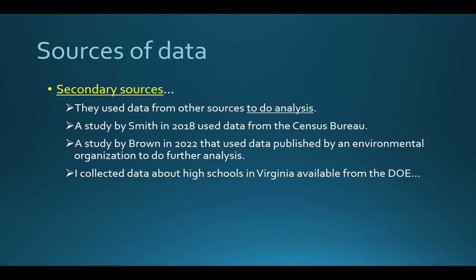I collected data about high schools in Virginia, and that data created a huge model that I did a lot of statistical work from, but that data was available on the Department of Education website. So that would also be a secondary source because I didn't generate the data, I'm analyzing existing data. So when I use data to create my own economic models, my own statistical models, secondary.